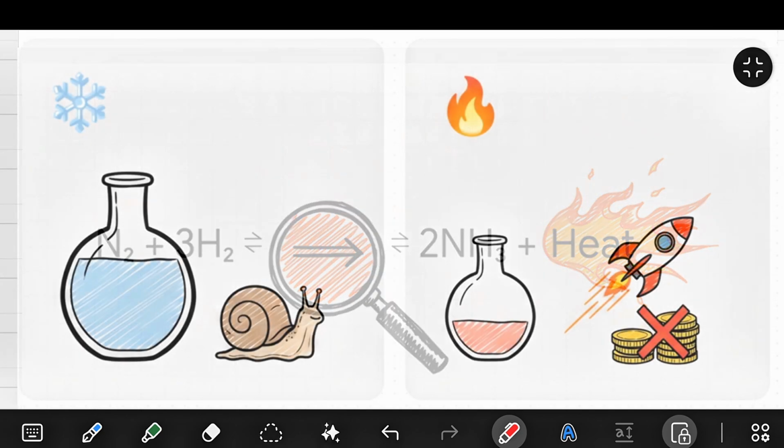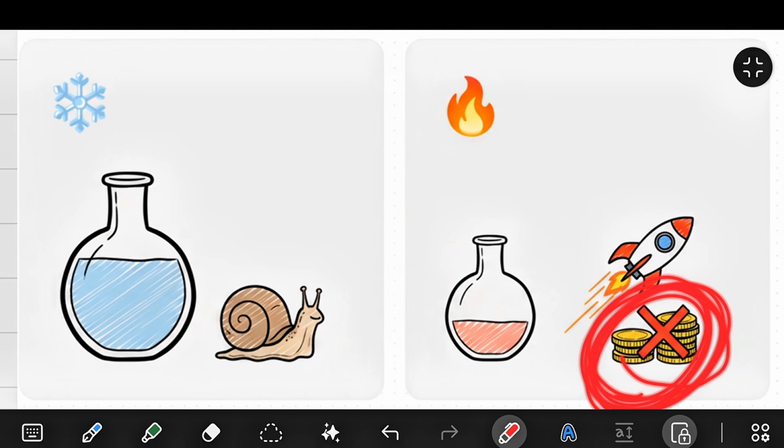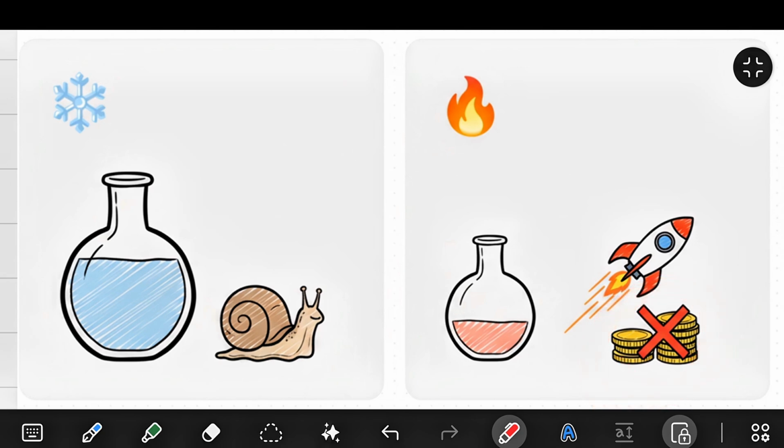And finally, generating heat is expensive, so using a higher temperature would be too costly, and this would not occur. The coins that you see here, they will not be in the bank, they will just all be spent.